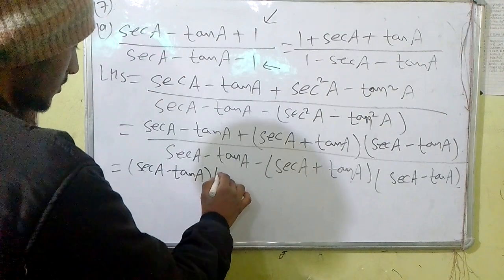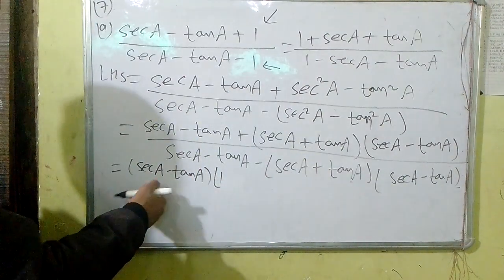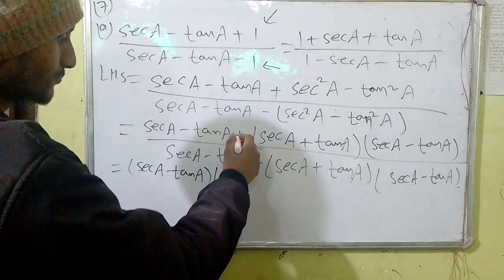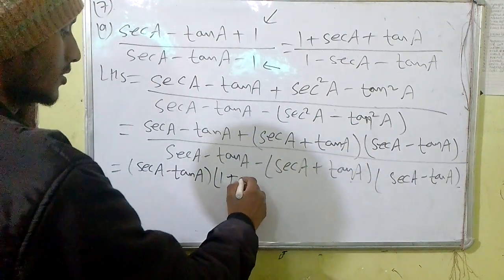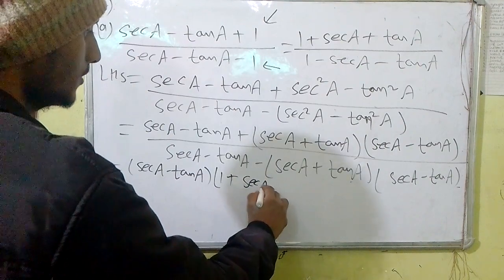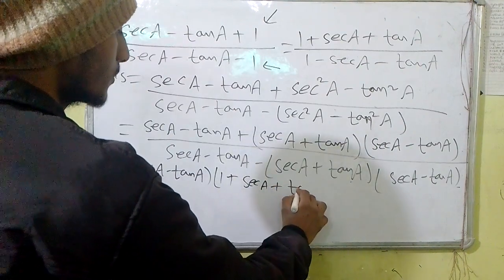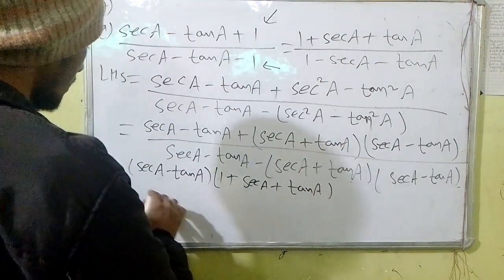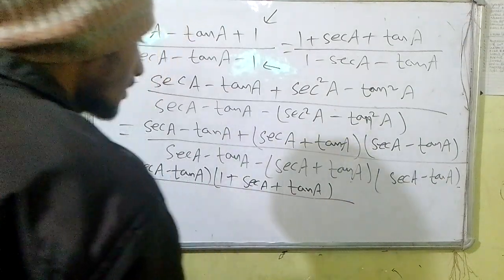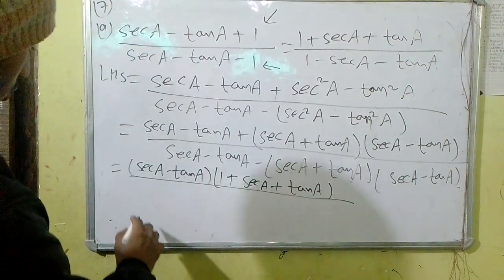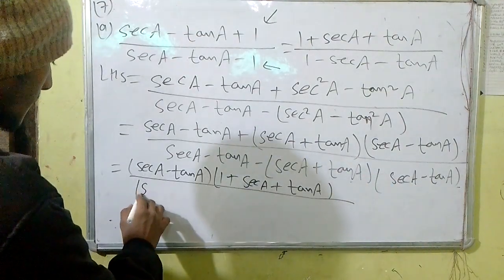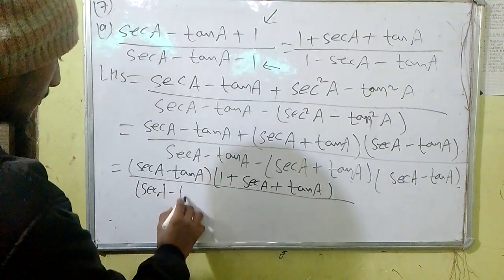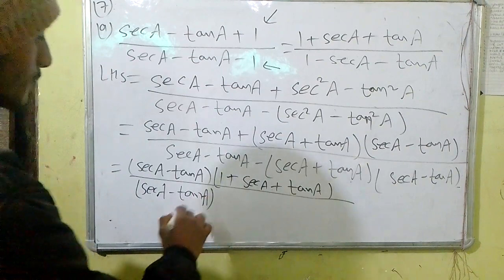So secant a minus tan a, times 1, because this thing is common, plus secant a minus tan a is common, so we'll be left with secant a plus tan a. And you have to divide this by secant a minus tan a.